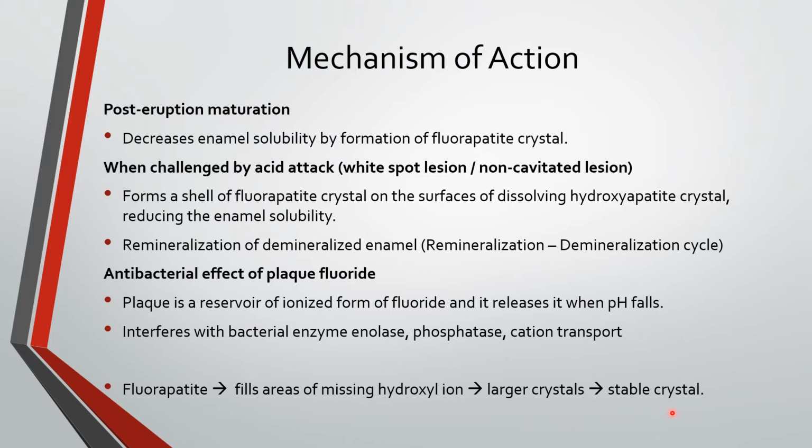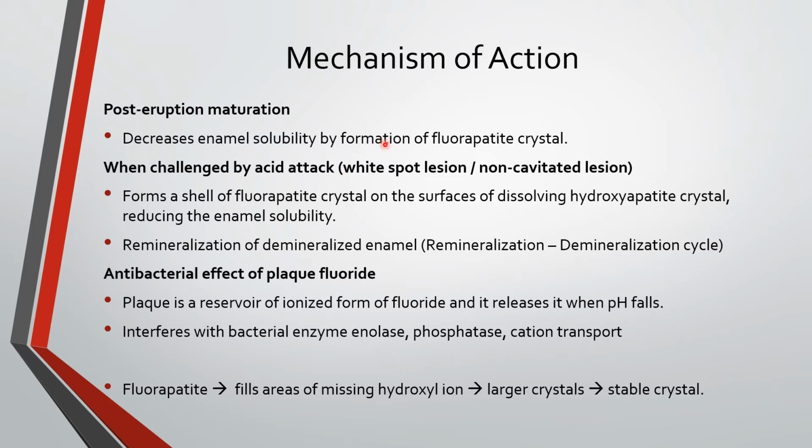When we say the crystals are more stable, it is that the critical pH of fluorapatite is 4.5 as compared to the critical pH of hydroxyapatite, which is 5.5. So it is able to withstand one unit drop in pH as compared to hydroxyapatite. This is what is meant by a stable crystal.